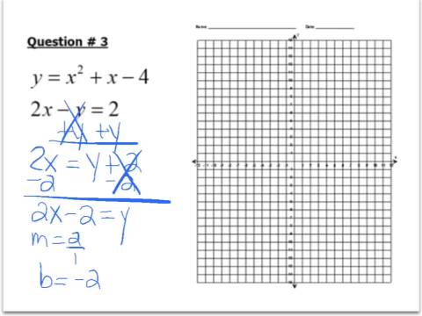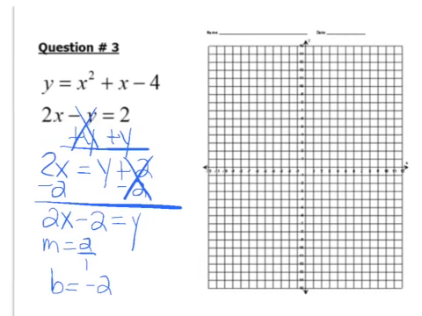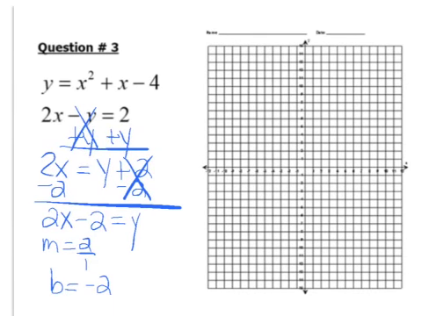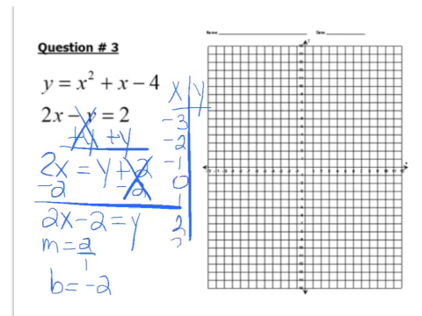So for my y equals x squared plus x minus 4, I'm again going to make a table of values for my x and y columns. And I'm going to use -3, -2, -1, 0, 1, 2, and 3.